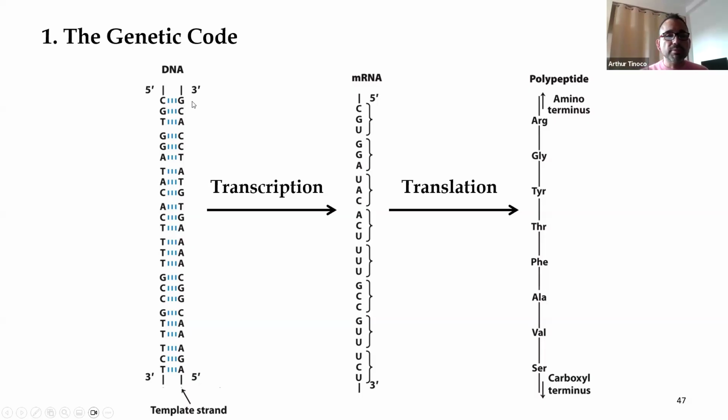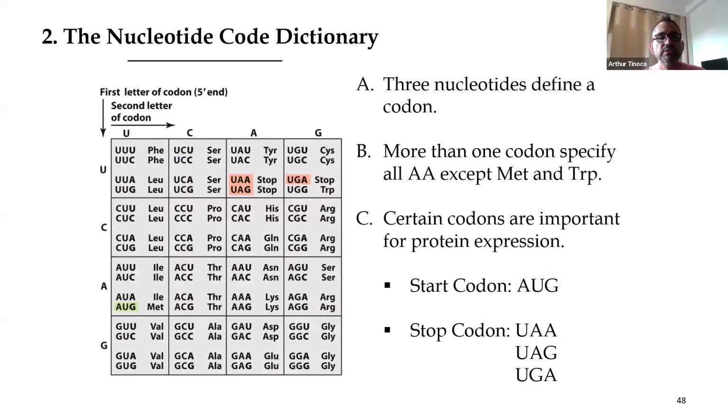So we're going to get a little bit of this idea of going from nucleotides to ultimately producing amino acids. This is what is referred to as the nucleotide code dictionary. Here we have a depiction of the sequence of the codes, represented by three nucleotides defining a codon, and how the different codons basically translate to a particular amino acid.